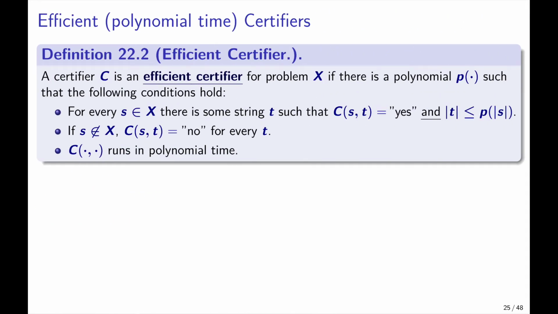Of course, we are not interested in just any garbage certifier. We want certifiers that are efficient, that run in polynomial time.